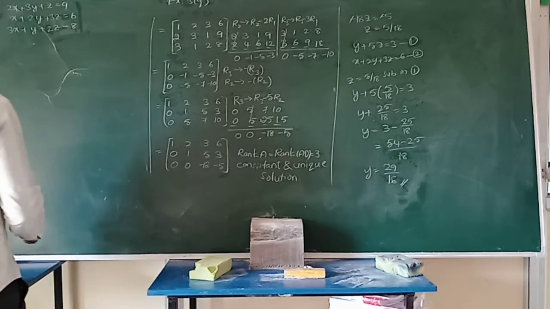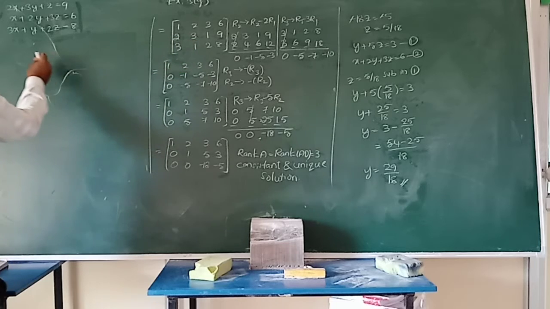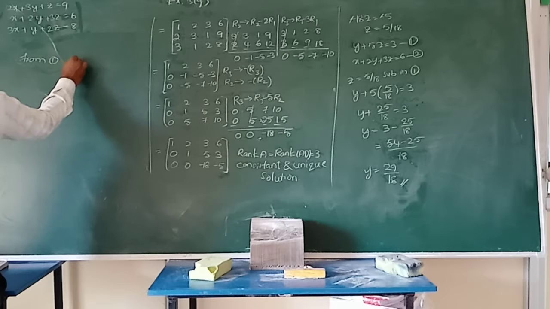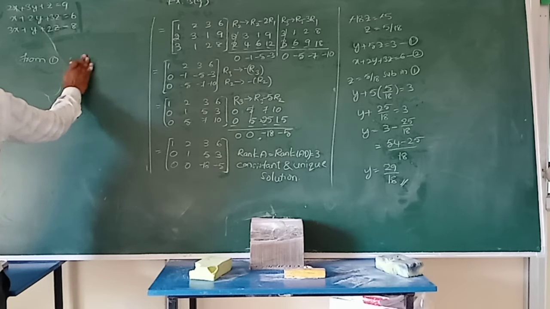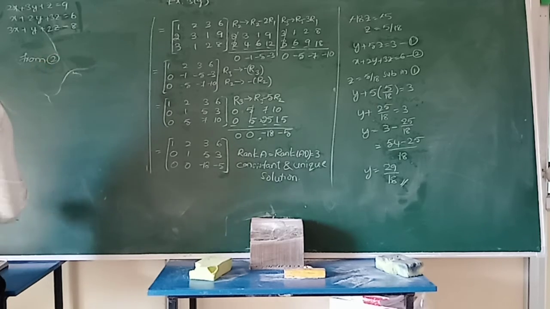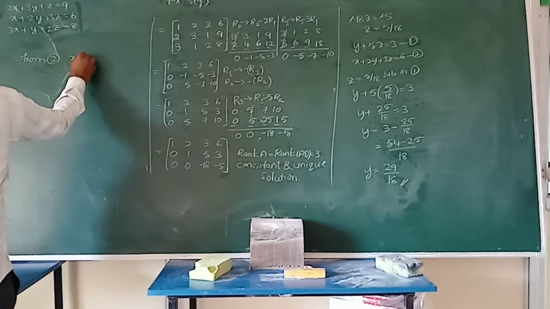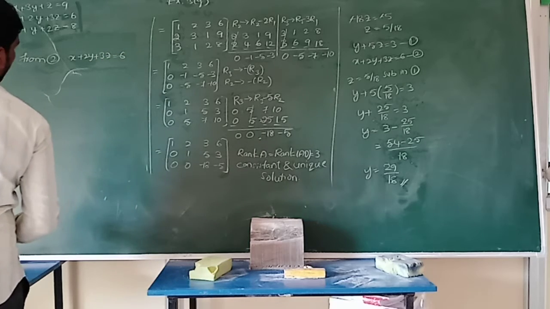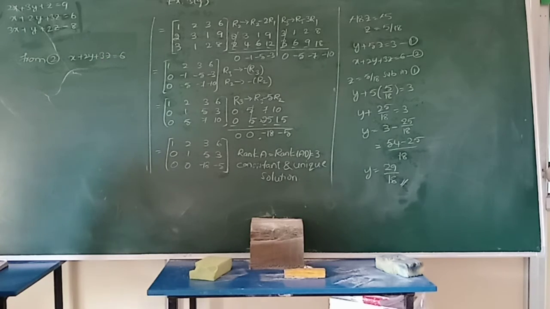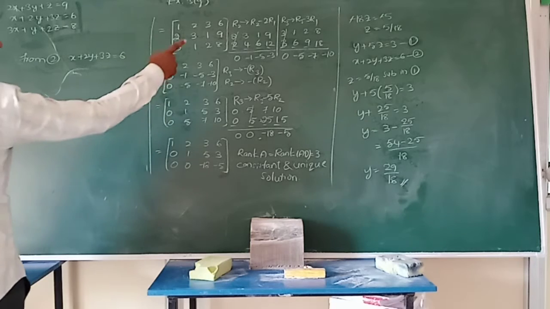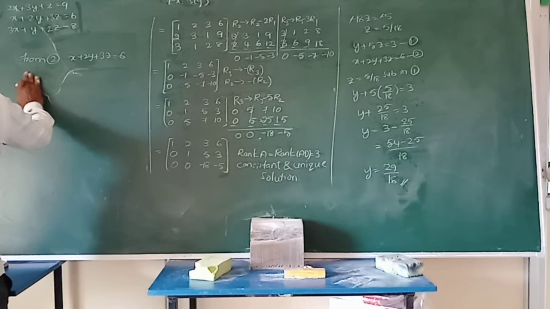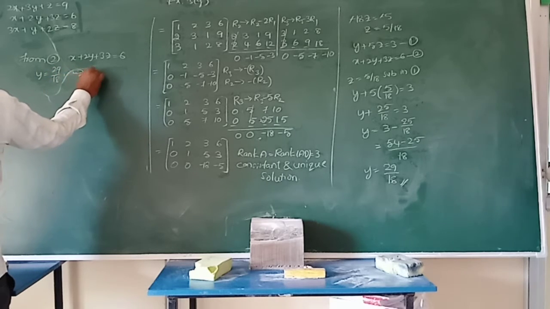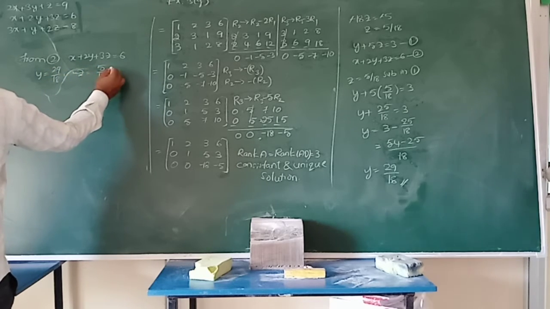Next, from equation number 2, that is x plus 2y plus 3z is equal to 6. x plus 2y plus 3z is equal to 6. Now y is equal to 29 by 18 and z is equal to 5 by 18.